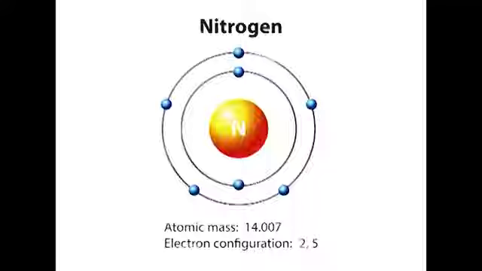Next, hybridization of nitrogen. The atomic number of nitrogen is 7, and a nitrogen atom has one more electron than a carbon atom. Thus, the 1s and the 2s orbitals of nitrogen have 2 electrons in each, while each of its 2px, 2py, and 2pz orbitals has 1 electron.